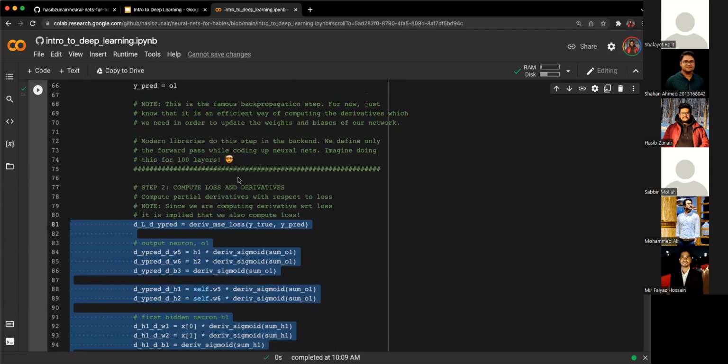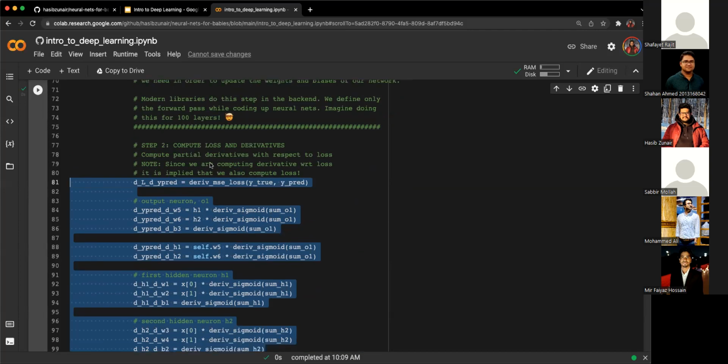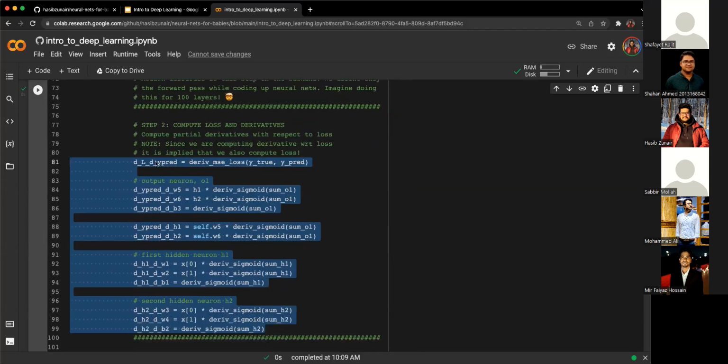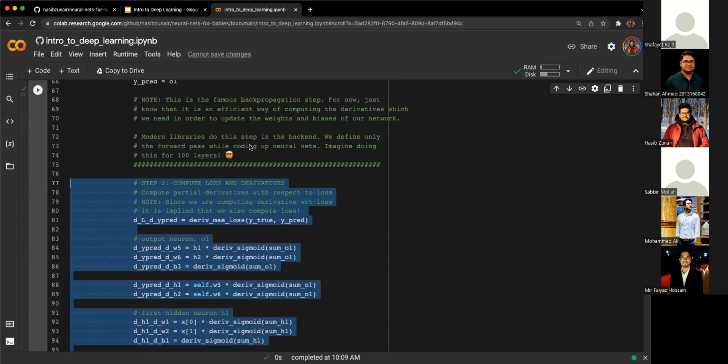Also, if you use modern libraries, for example PyTorch, which you'll be introduced to in this workshop, you would see there's nothing similar to this part of the code. When you define a neural net, you just do the forward pass. This whole backpropagation step is taken care of by the library, so you don't have to code it up by hand.